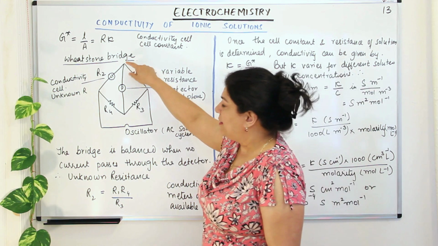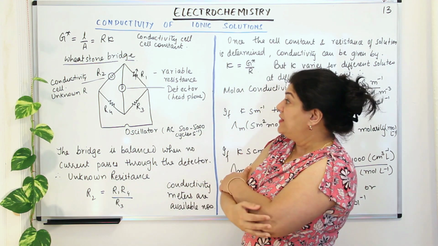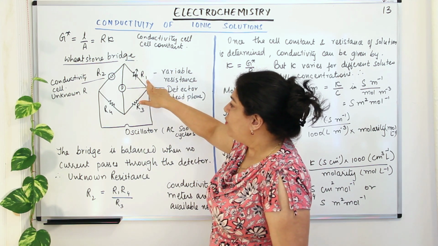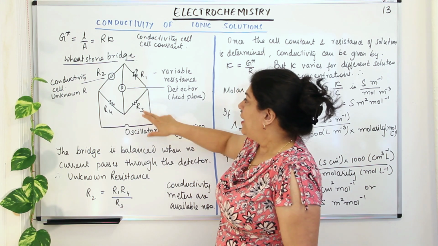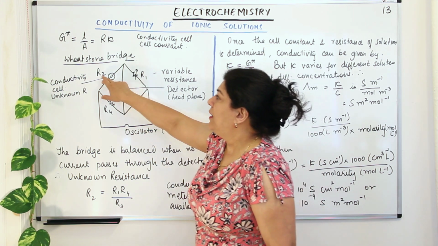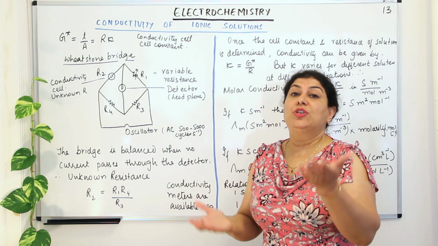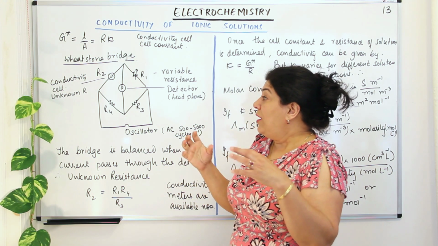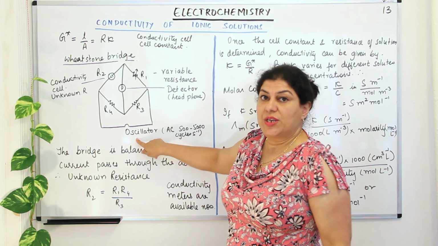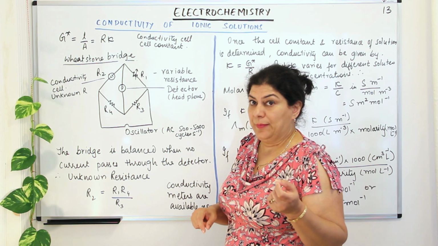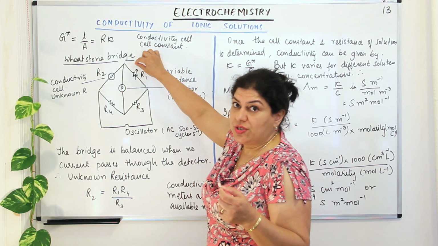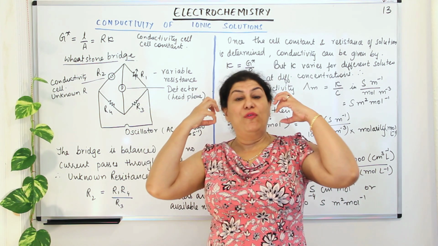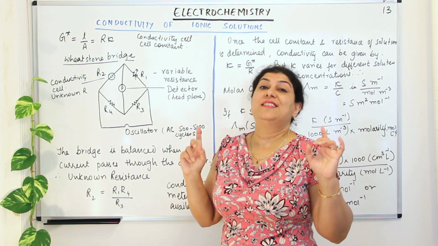The detector is connected to the upper half and the lower half in such a way that it divides the apparatus into two ratios, R1 and R4, R3 and R2. The ratios of the resistances would be different. Now we strike the oscillator at a suitable frequency, and we adjust the adjustable resistance in such a manner that the detector, which may be headphones, does not detect any sound.